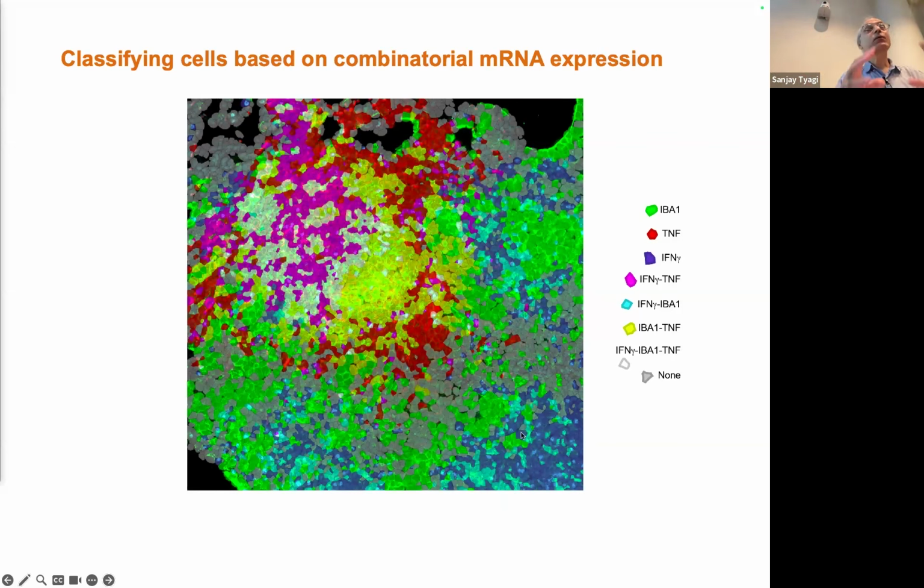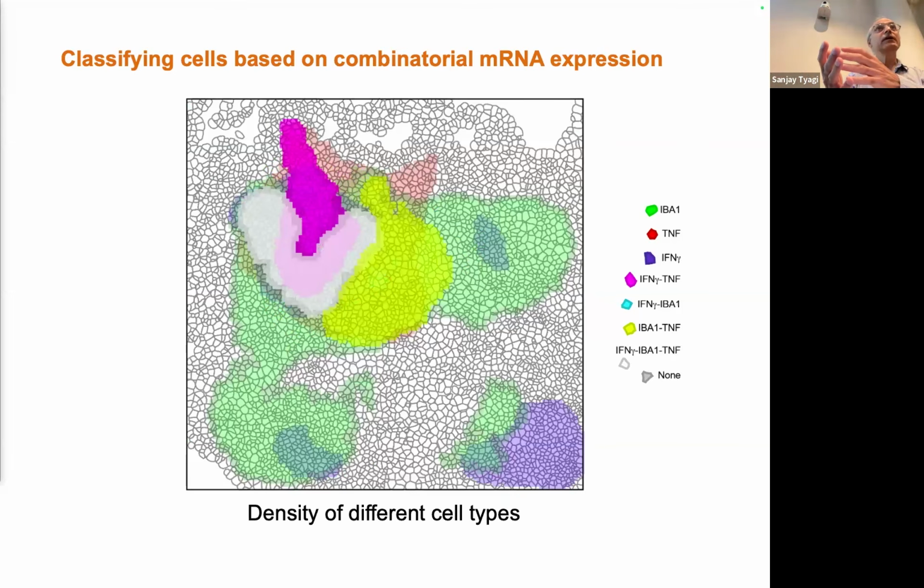So what can you do with this? You can do something like a density measurement. You can ask, what cell types, in my case, those that are defined by this combinatorial expression, and what is the density of those cells that express all three things? And where is it most dense?